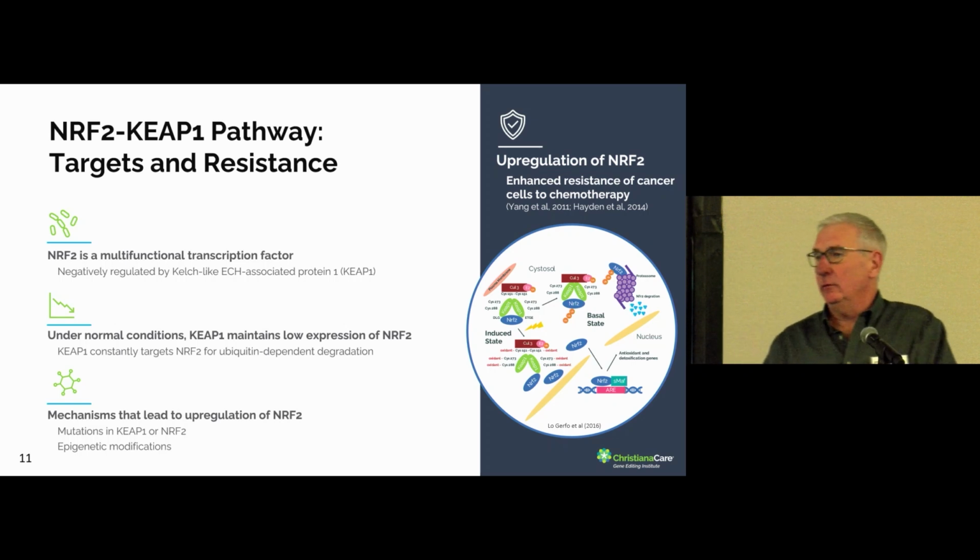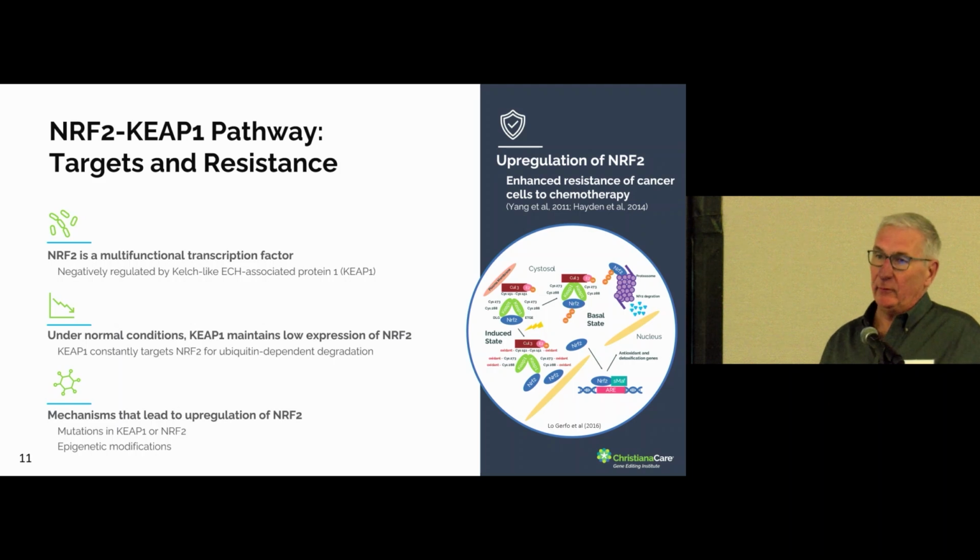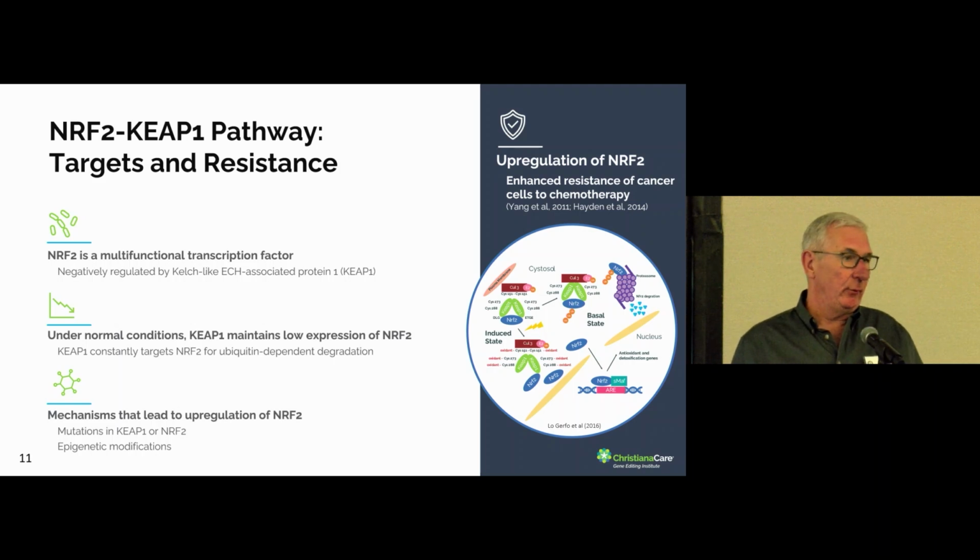That's NRF2. NRF2 is trying to protect you from doing something dumb, like disagreeing with your wife or your partner, right? Under normal conditions, that works fine. However, when KEAP1 gets mutated, or the stress levels go up and ubiquitination of KEAP1 occurs, NRF2 is unleashed on tumor cells, and that's what blocks the chemotherapy from working. So that's why you have the cycle.